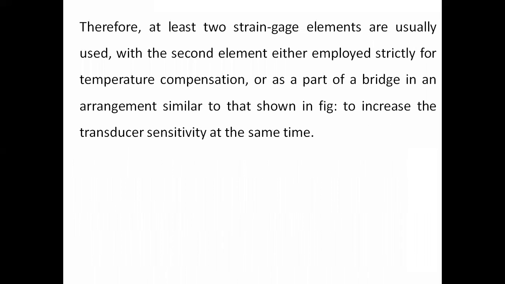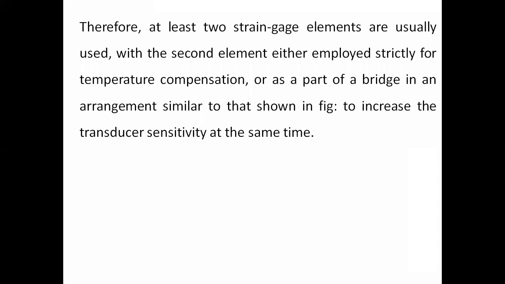So if we consider strain gauges, we can use a minimum of 2 strain gauges for measurement of the weight. One strain gauge is used for the measurement of the strain, and another strain gauge is just placed near this strain gauge.